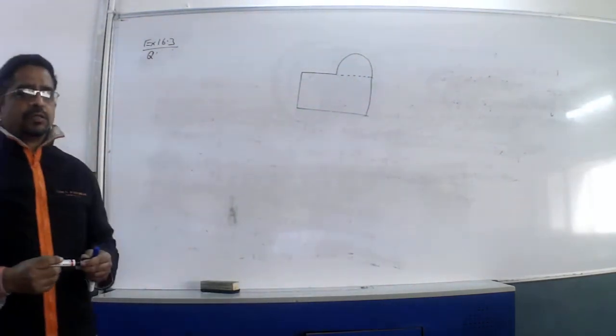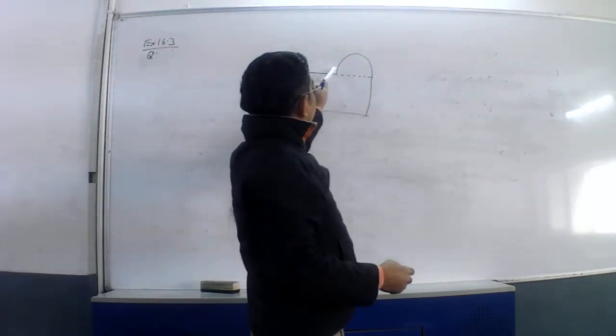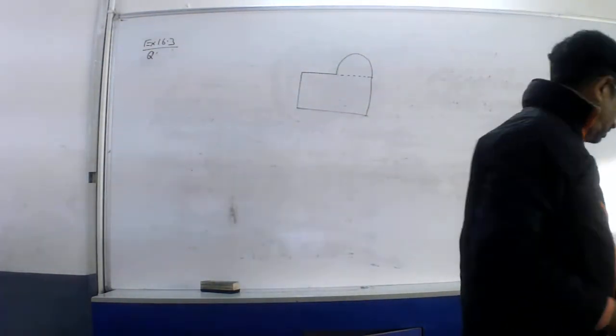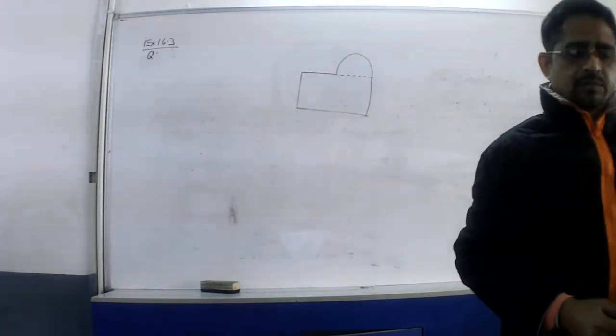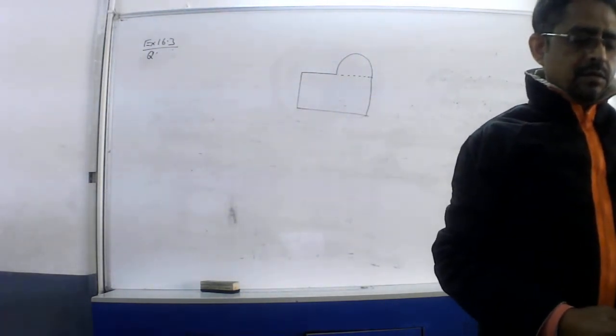So here, as you can see, a rectangle is given and a semicircle is attached to it on the top. And the semicircle is a smaller semicircle, it's not covering the whole length.